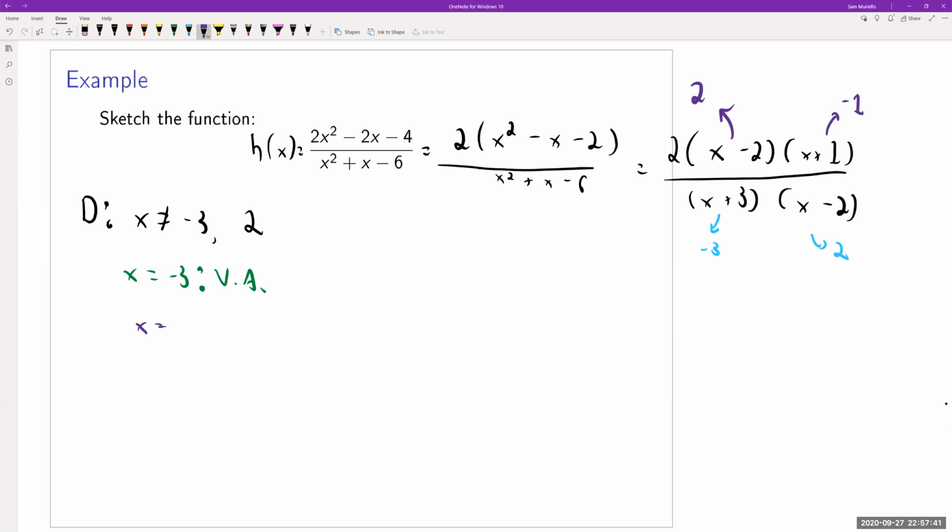At x equals 2, we will have a hole because I could cancel this term out if I was to simplify, meaning that I cannot plug in 2, but nothing unusual is happening at x values near 2. And finally, at x equals negative 1, the numerator is 0, which is totally fine, and we have a root, or an x-intercept.